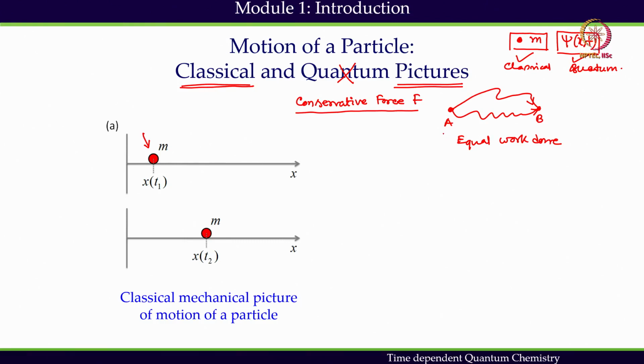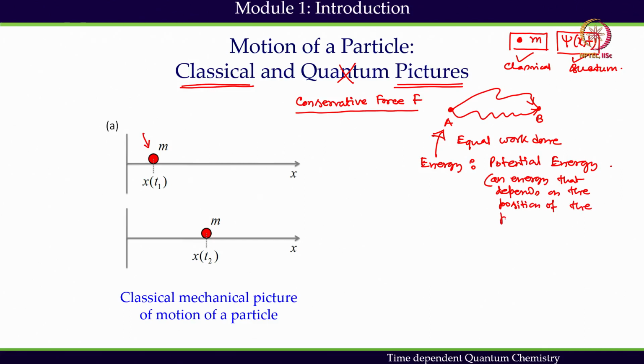So the energy associated with that particle, that energy is called potential energy, an energy that depends on the position of the particle.